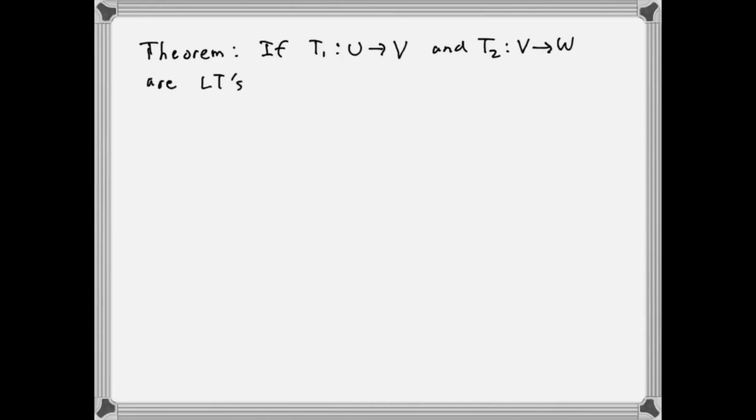So theorem. If T1 going from U to V and T2 going from V to W are linear transformations, then T2, T1, which goes from U to W, is a linear transformation also.